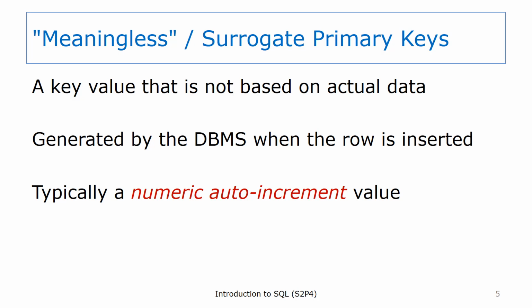Most database management systems, including MySQL, let you specify the starting value for the auto increment primary key and the increment value. If you do not specify values, the starting value is 1 and the increment value is 1. We'll stick with those defaults in this course.